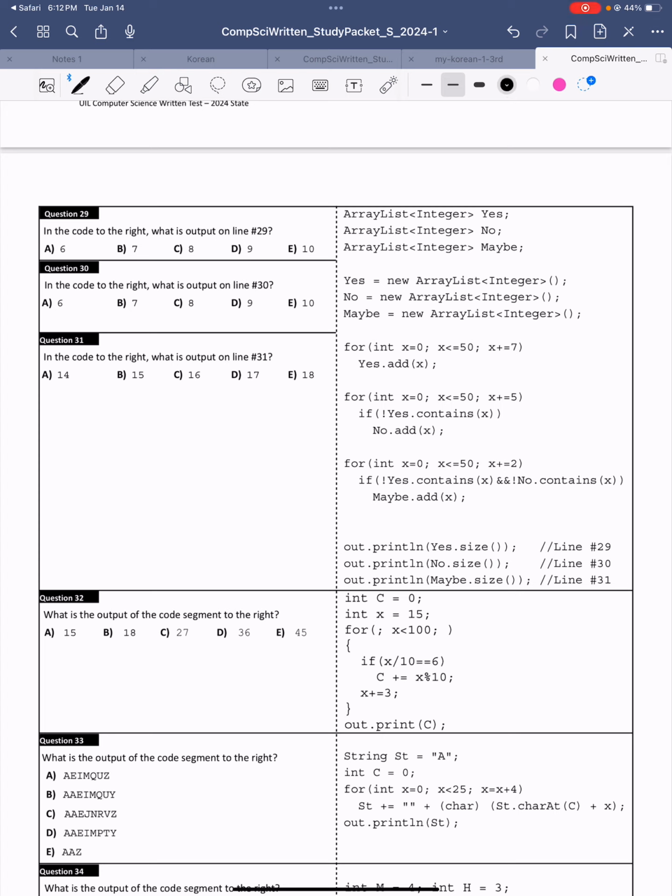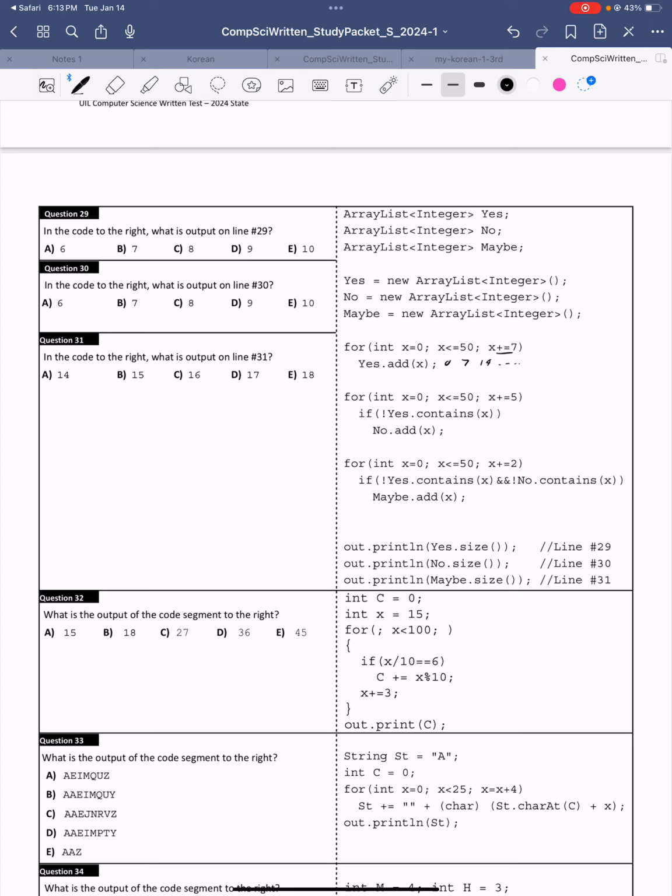Haha. Okay. So these are our array lists. From 0 to 50, we're going to add all multiples of 7. So 0, 7, 14, and so forth. Now this one is going to be multiples of 5, but it says if a multiple of 5 does not appear in this first one, then add it.